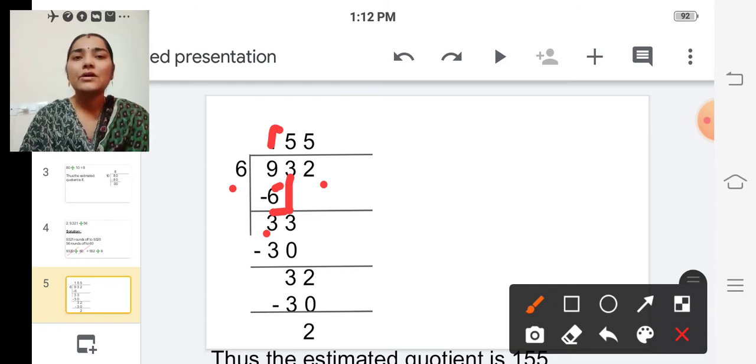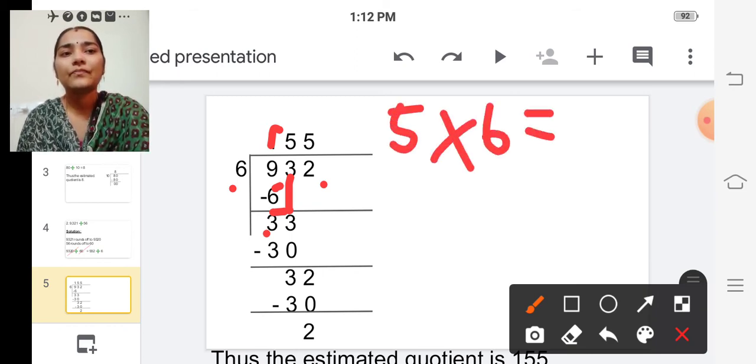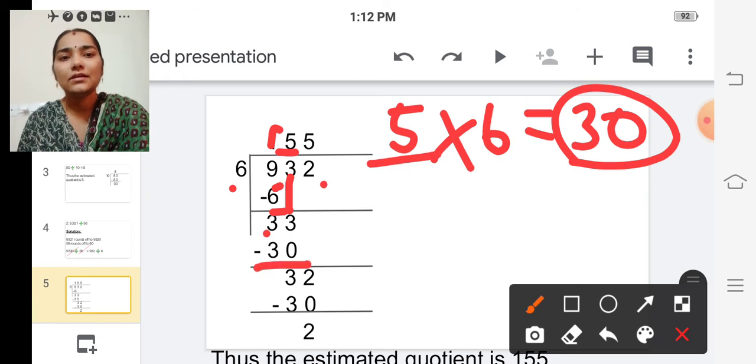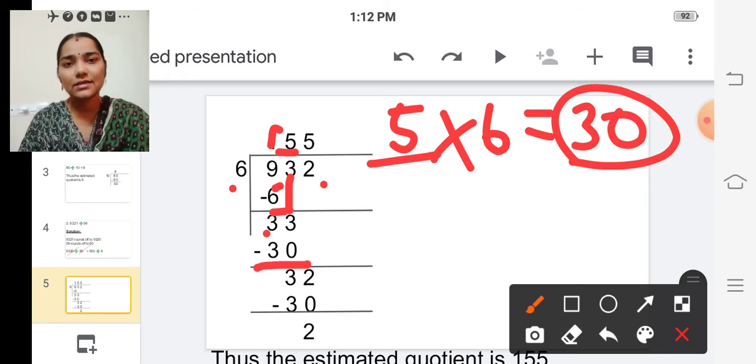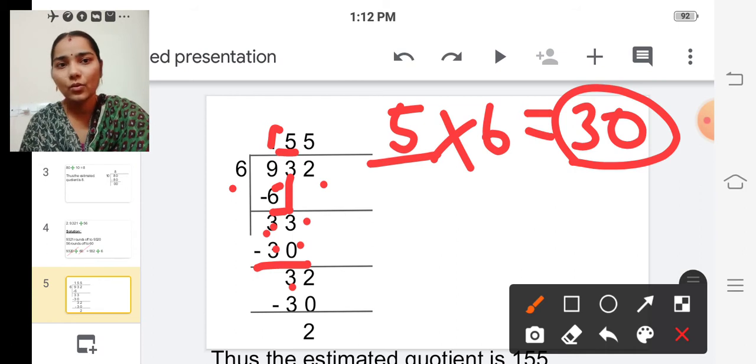So let's take 5 6 are 30. Write that 5 here on the top and write this 30 here and subtract 30 from 33. That is 33 minus 30. 3 minus 0 is 3 and 3 minus 3 is 0.